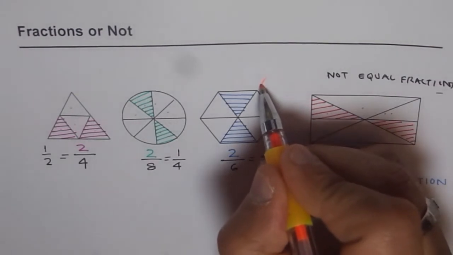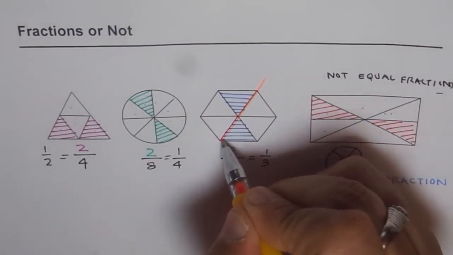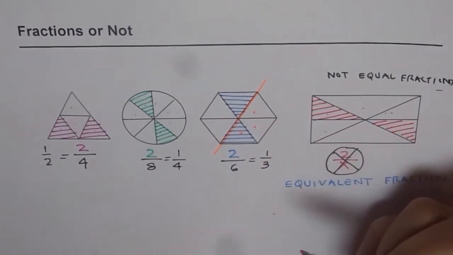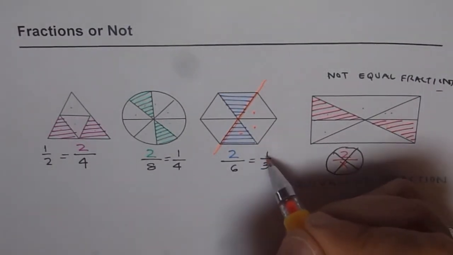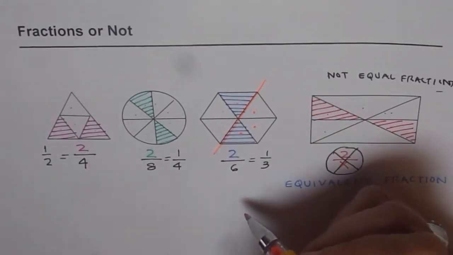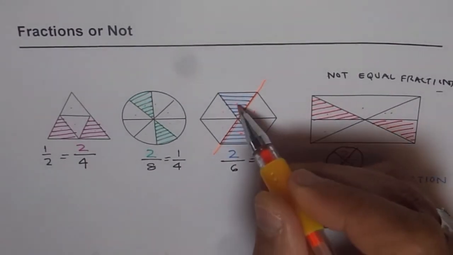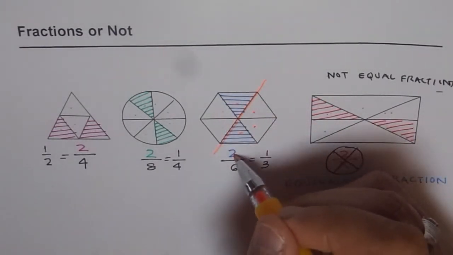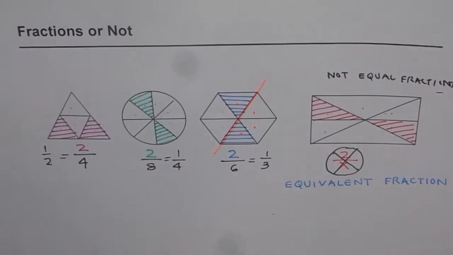Consider a third of it. So this is another way of showing. Do you see? Out of these 3 triangles, how many did I shade? 1 out of 3. Out of these 3, how many did I shade? 1 out of 3, right? In all, 2 out of 6. This is one way of looking into it. That is also a way to look into it.